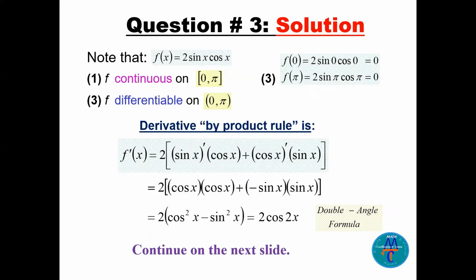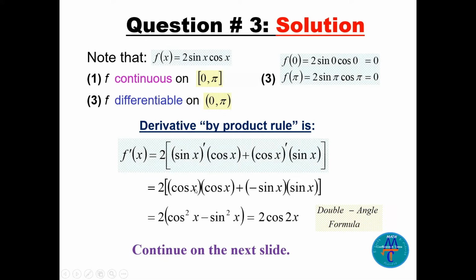The derivative will be by the product rule. So it will be 2 in the constant outside, f prime, the derivative u prime v plus v prime u, as you remember. So the derivative of sine of x times cosine of x, the derivative of cosine of x times sine of x. So this will be 2 outside, cosine of x times cosine of x plus the derivative of the cosine of x will be minus sine of x sine of x.